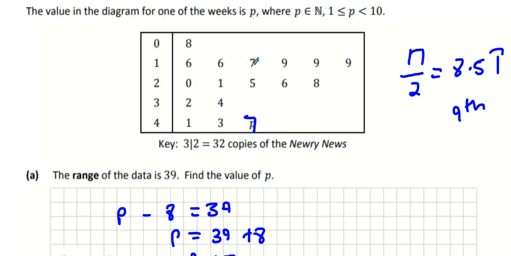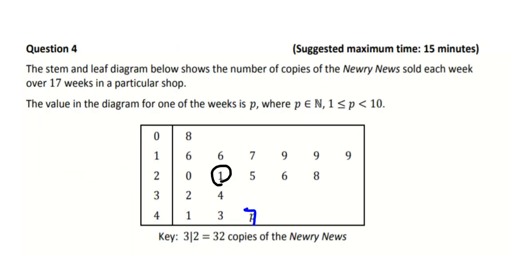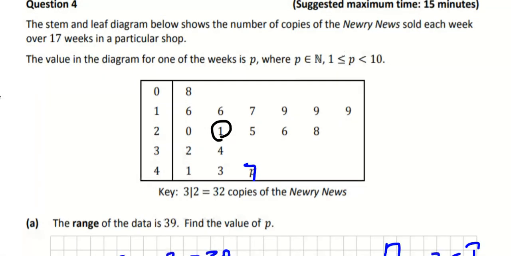1, 2, 3, 4, 5, 6, 7, 8, 9. The 9th person is 21. I think there's 19 people. 17.